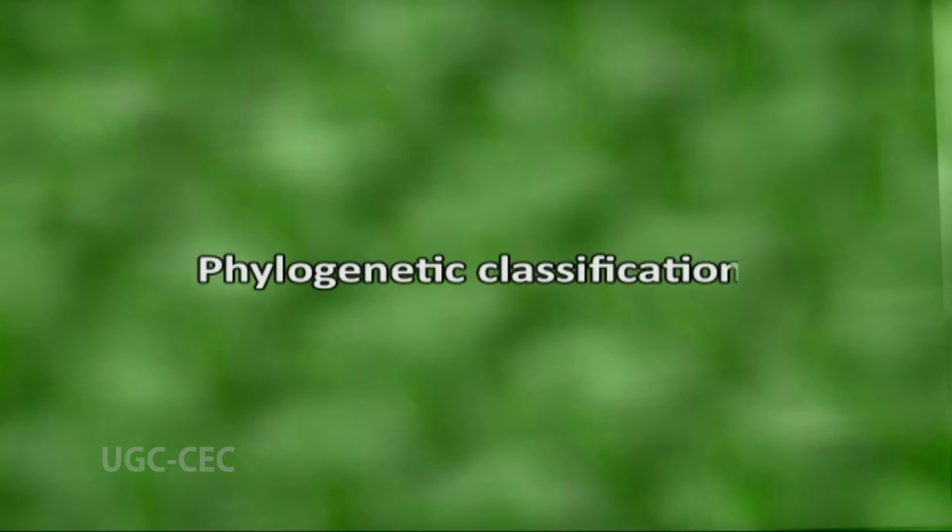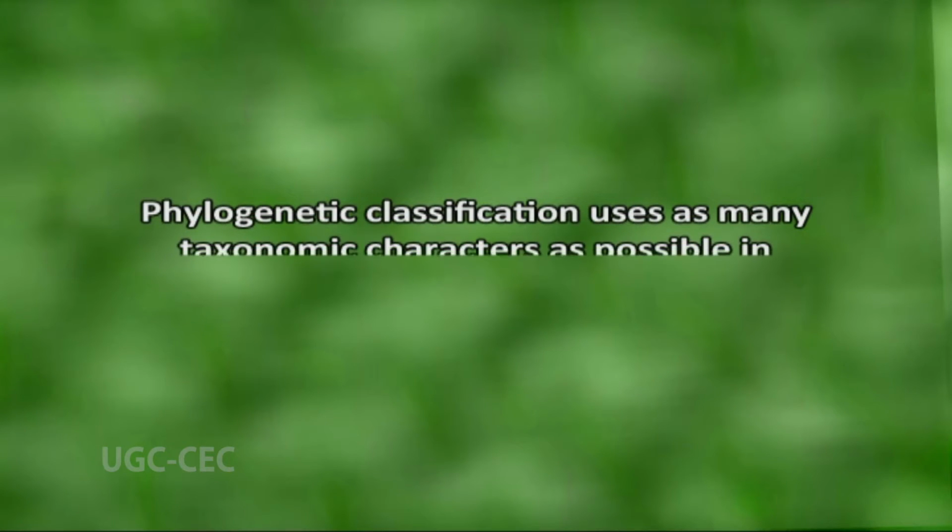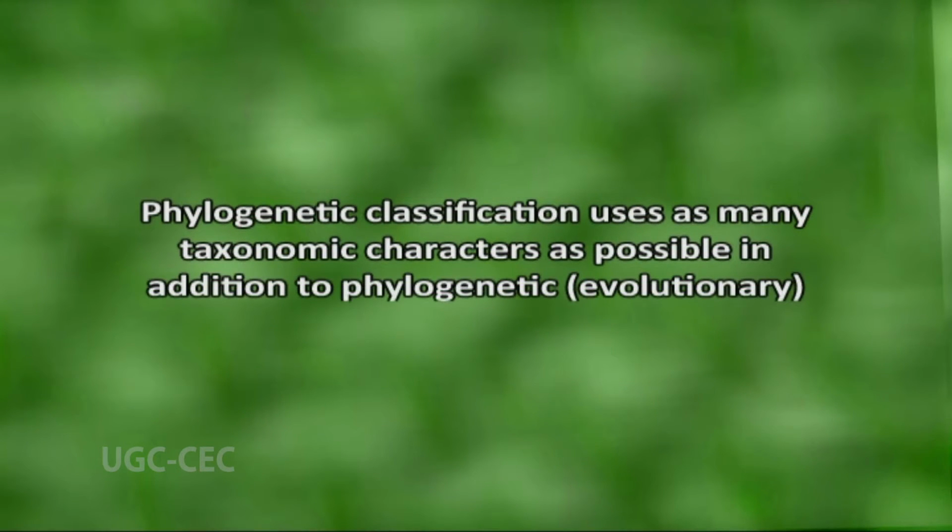Number three, phylogenetic classification. The classification systems proposed after Darwin's theory are mostly phylogenetic. That is, they use as many taxonomic characters as possible in addition to phylogenetic or evolutionary interpretations. These are expressed in the form of phylogenetic trees or shrubs, showing presumed evolution of the groups.